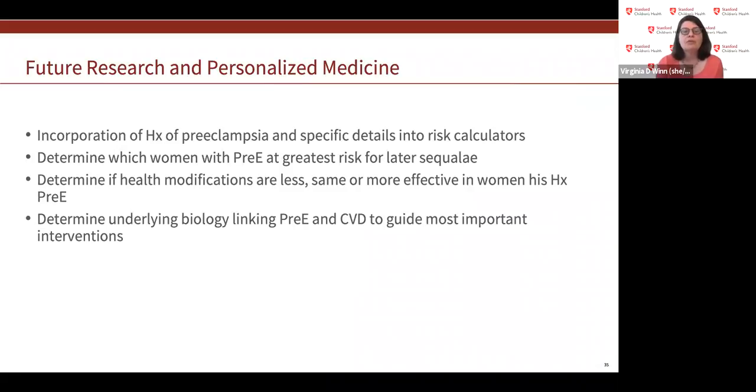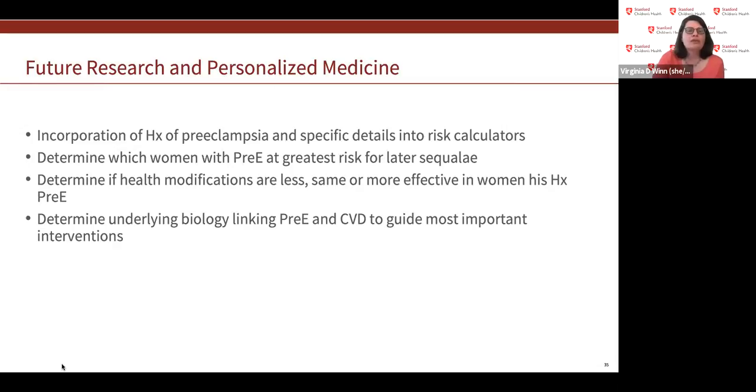We also need to determine whether the health modifications that have been proven to benefit cardiovascular disease are just as effective or different for women with a history of preeclampsia or hypertensive disease of pregnancy. And the work that we are doing is trying to understand the underlying biological link to help guide appropriate interventions for these women.